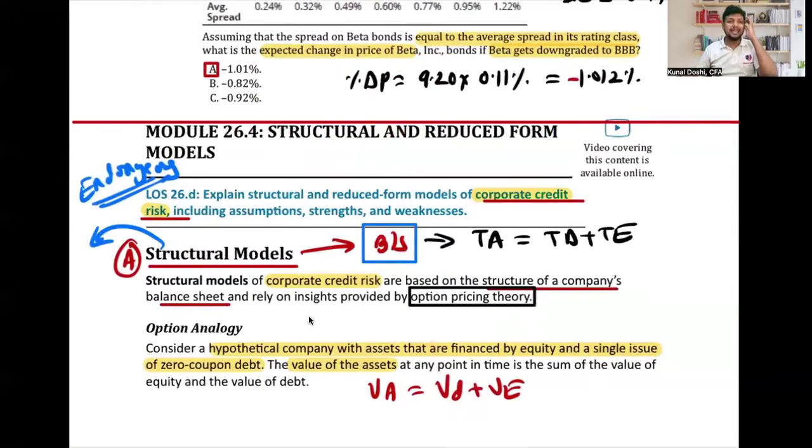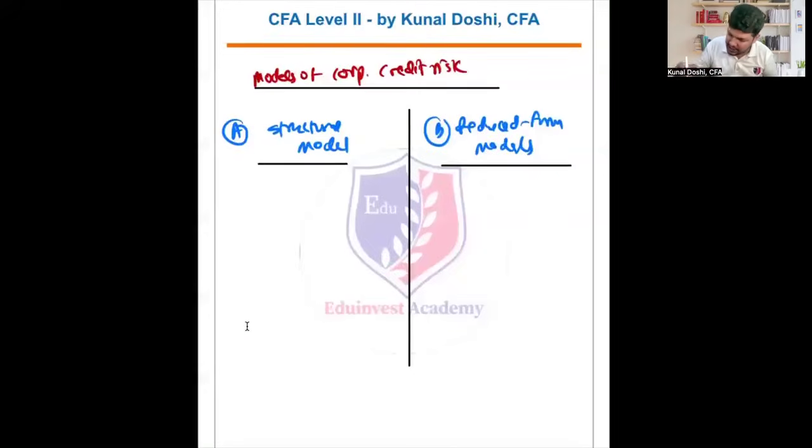Structural models are based on the balance sheet structure, okay, where you are going to use the option analogies, right? And the reduced form models, they are based on factors which are external. So structural models are based on internal factors. That's why we call it endogenous.